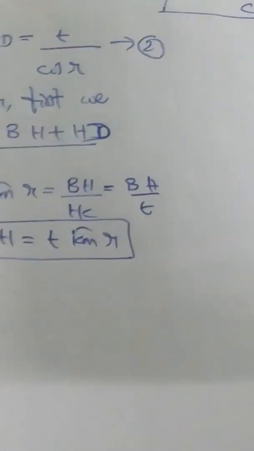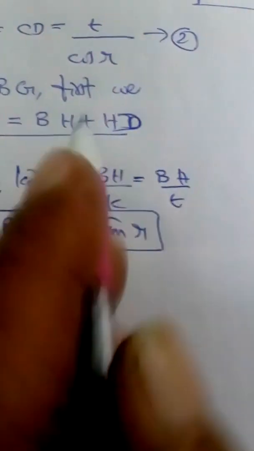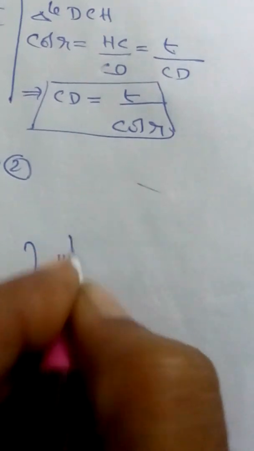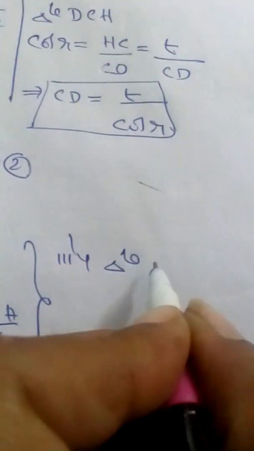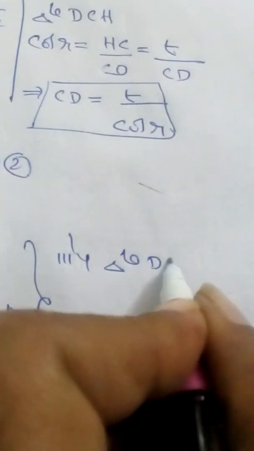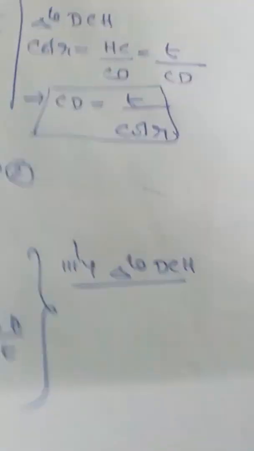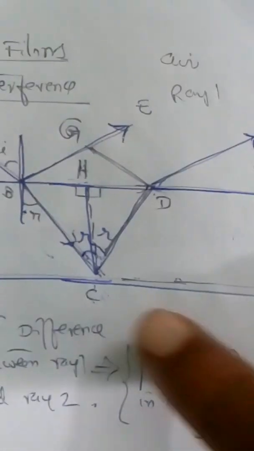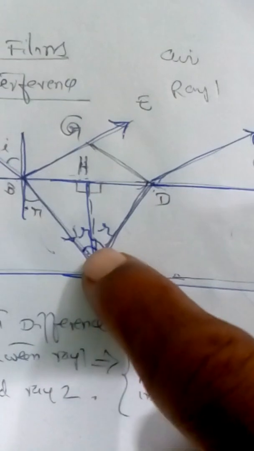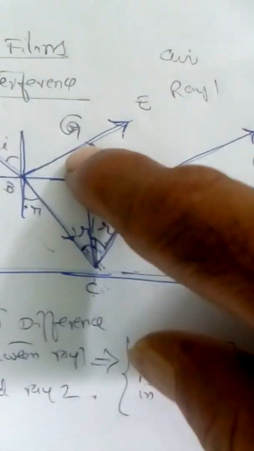Similarly, in triangle DCH, we are taking this triangle and HD we have to find. If you take tan R, it is HD by HC.